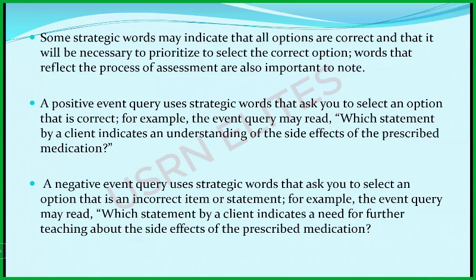Even if you don't know the answer to a particular question and you don't understand anything, most of the time the option that reflects assessment is likely to be correct. Unless in the question there is something emergent, or enough assessment has been given in the question, then you can go ahead and choose your implementation answer.